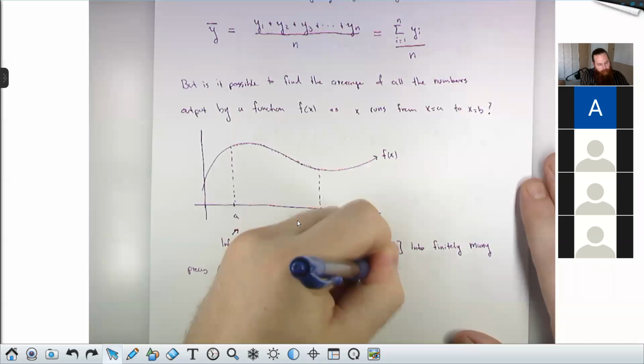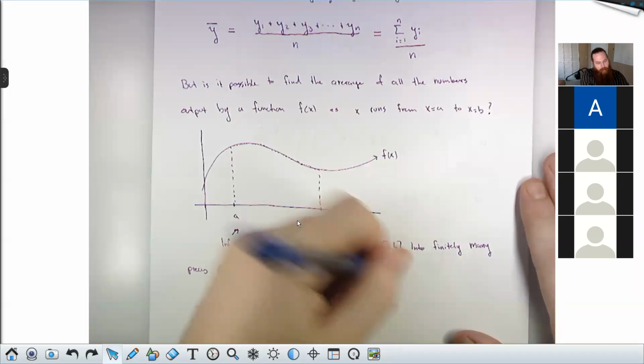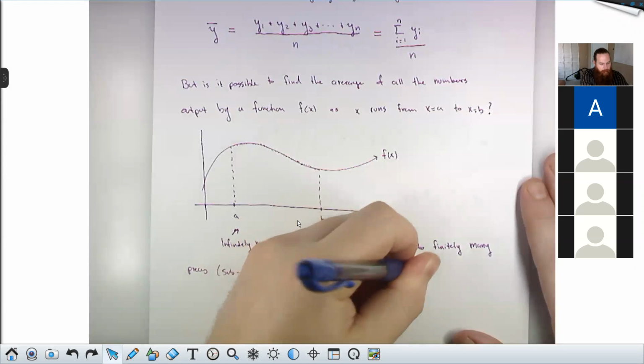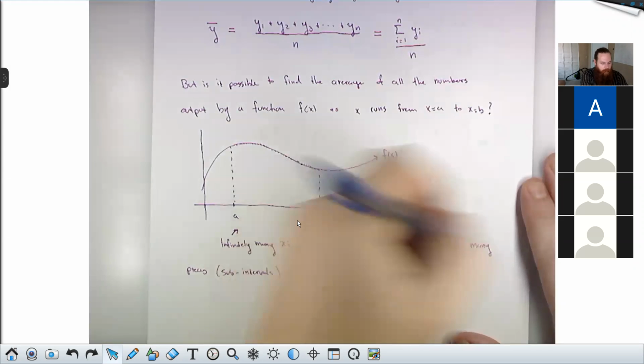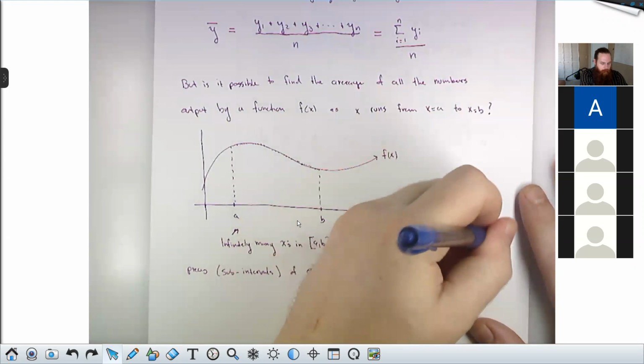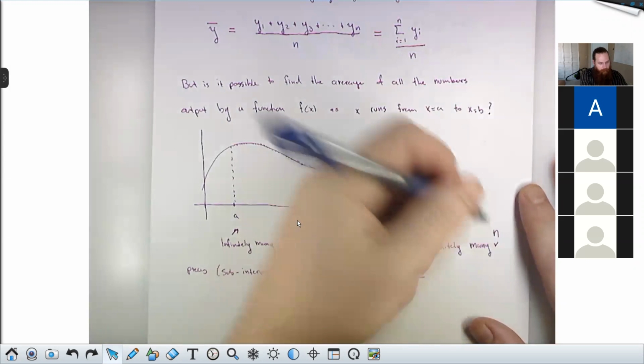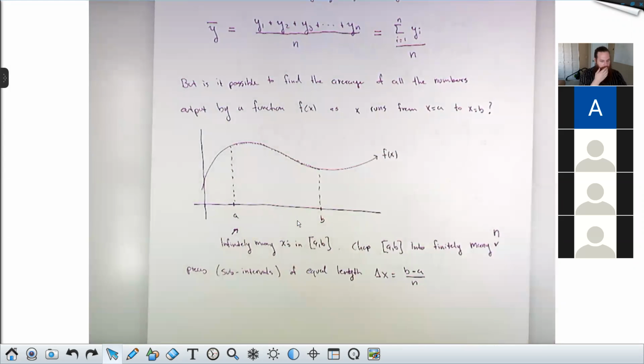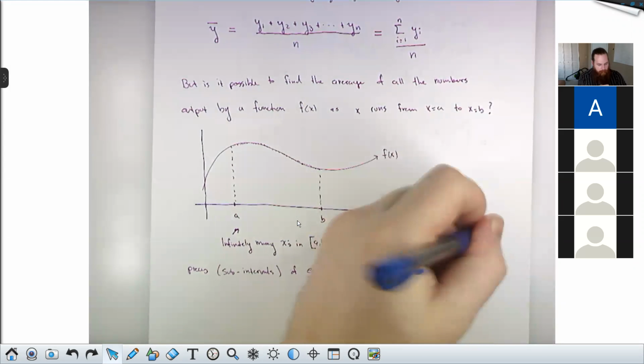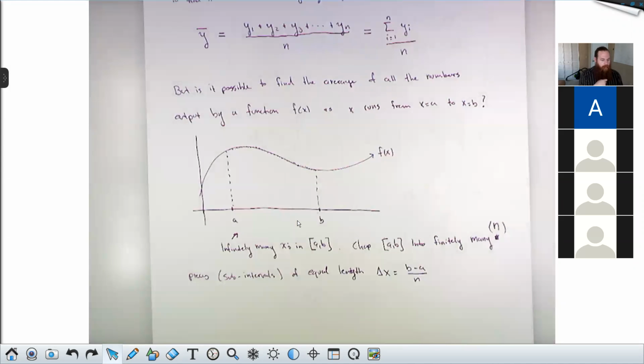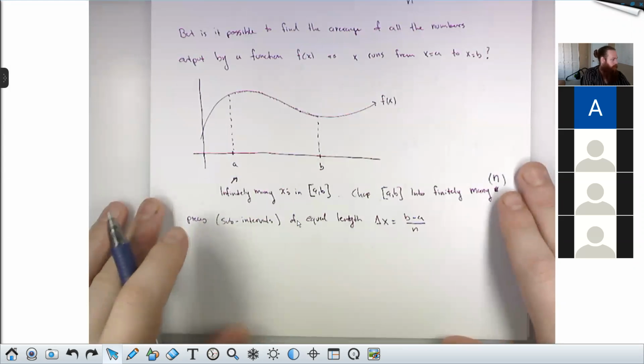And we call that length delta x. If they're going to be equal length, then that has to be b minus a over n. Finitely many, how many? n of them. So this is called a partition of the interval a b.